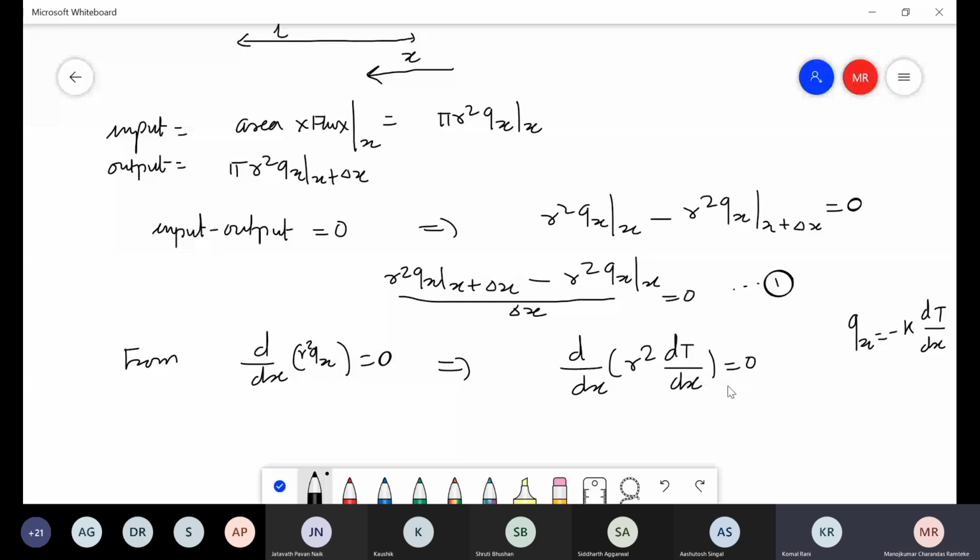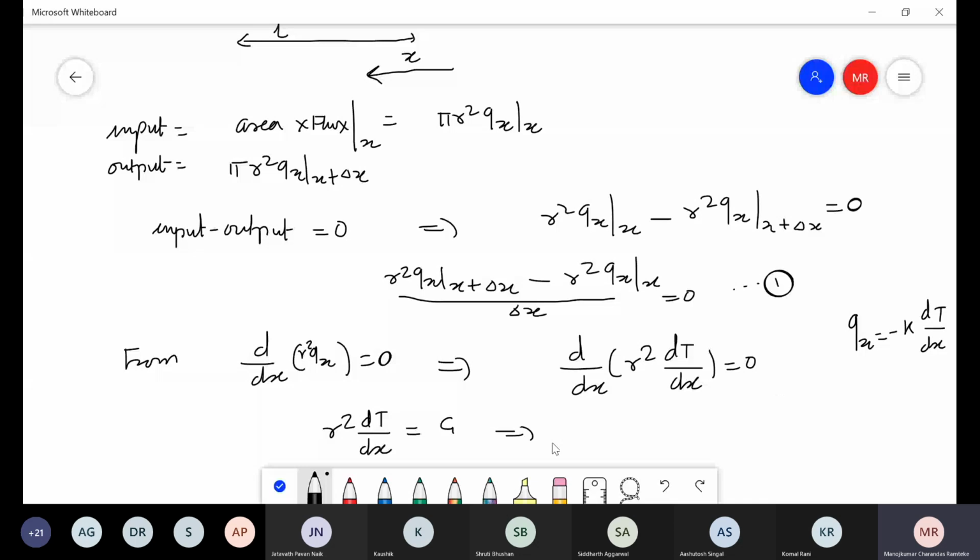So just by rearranging, from this equation, if we integrate it, what we are going to get is r square dT by dx equals C1.